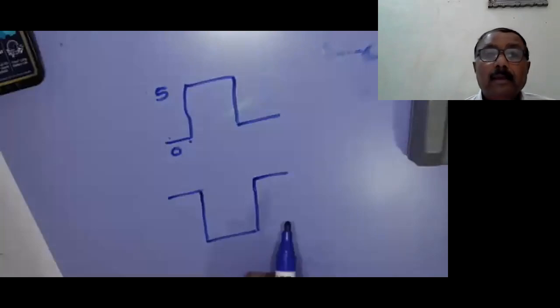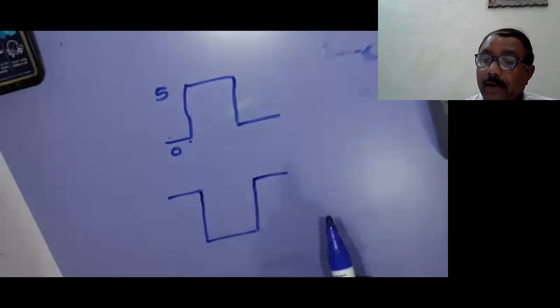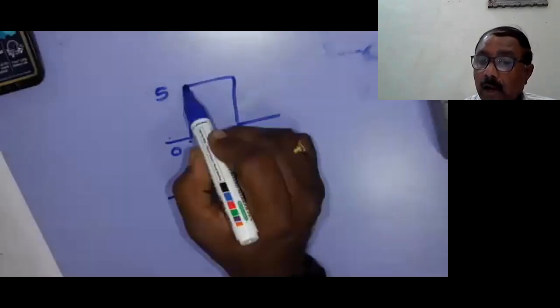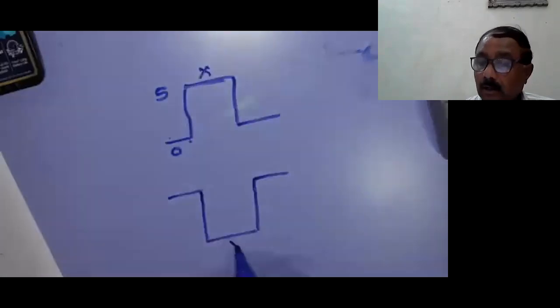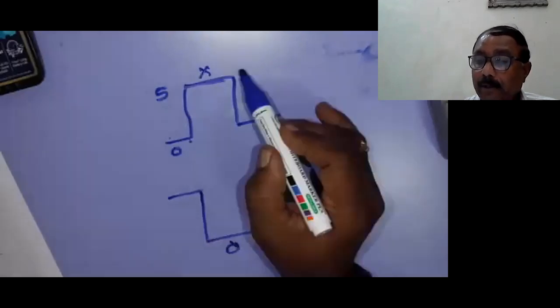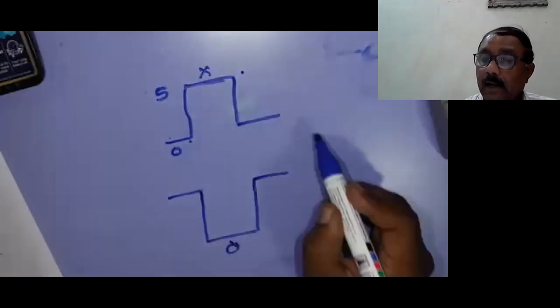Some circuits, like flip-flops or sequential circuits, get triggered when there is a constant high voltage or constant low voltage. This type of triggering is known as level triggering.